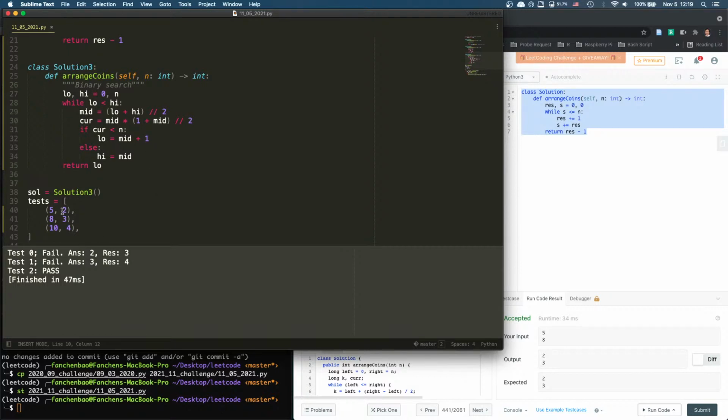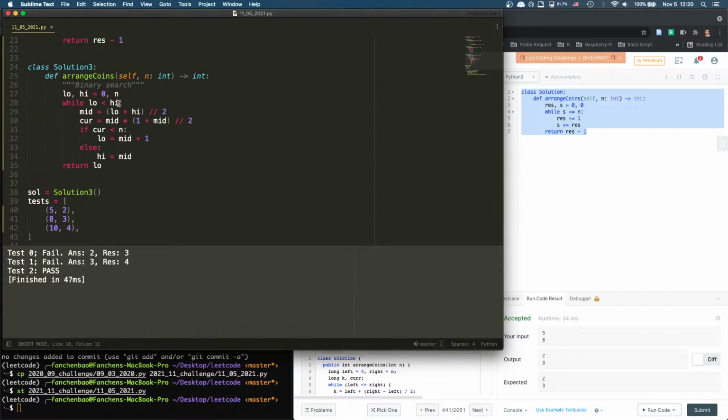Alright, so let's see. We start with 0 and 5, right? And then 0 and 5 will give us 2. So mid will be 2. 2 times 3 divided by 2, that will be 3. 3 is smaller. So low is mid plus 1. Oops, mid plus 1, that becomes 3. And mid is 3.